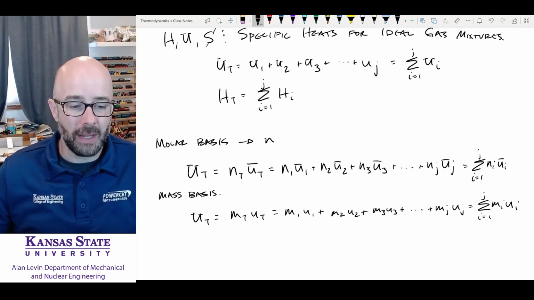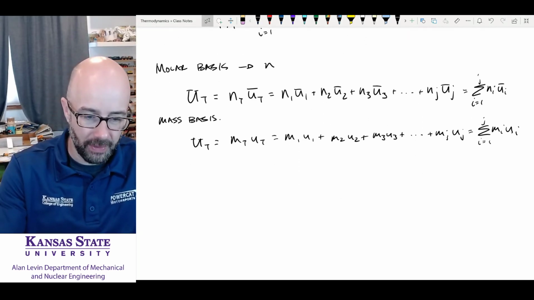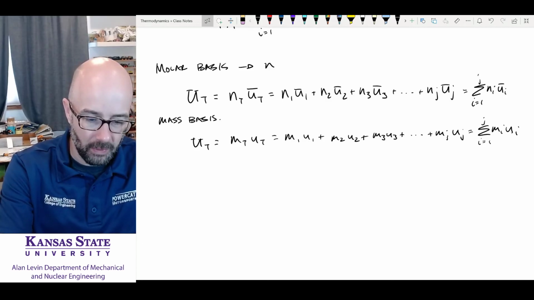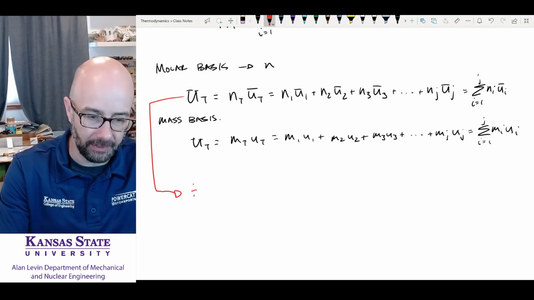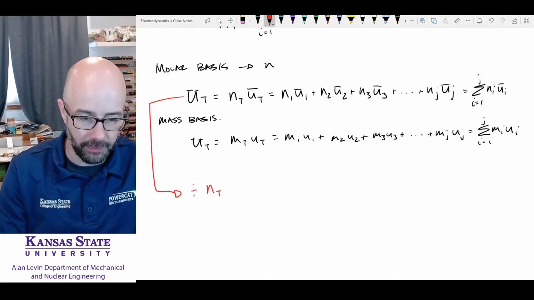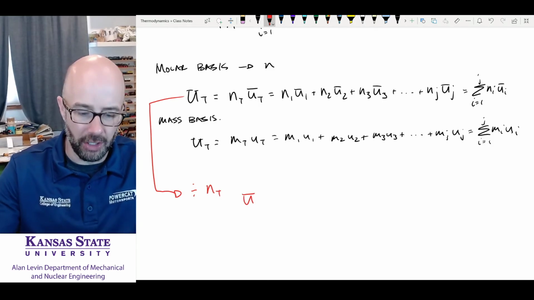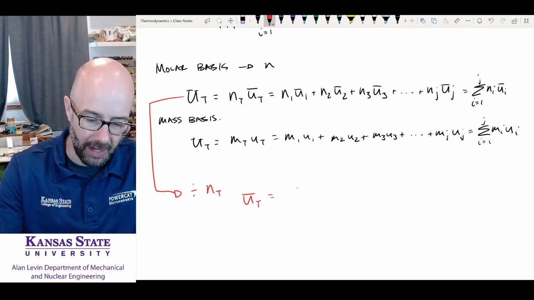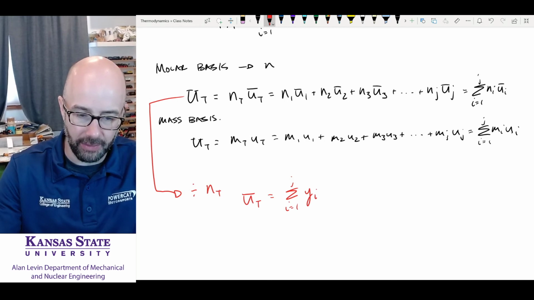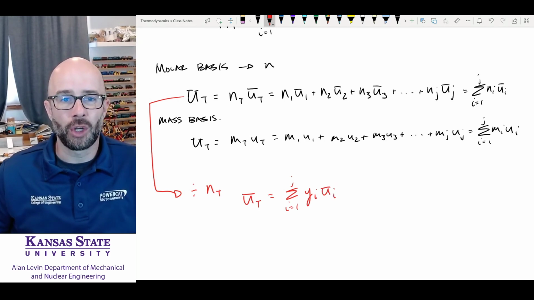Same number here. Now, if we take this equation and divide by the total number of moles, we get that the internal energy on a unit mole basis is equal to the summation from i equals 1 to j of the mole fraction of the component times its internal energy.